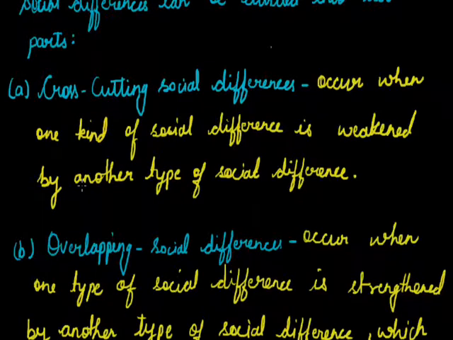For example, if we say that in a place Hindus and Muslims are living in combinedly, Hindus are in majority, Muslims are in minority. Hindus are richer, Muslims are poorer. So one type of social difference is added on by another type of social difference.